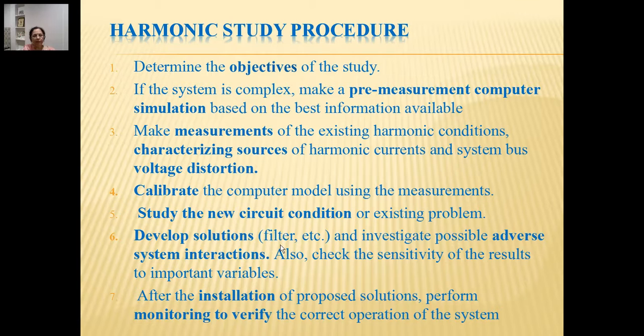We may divert those harmonic currents away from the sensitive load, or filter them out, or modify the reactance offered by that particular path, or change the configuration by changing the location of the capacitor which is connected. These different solutions can be checked.